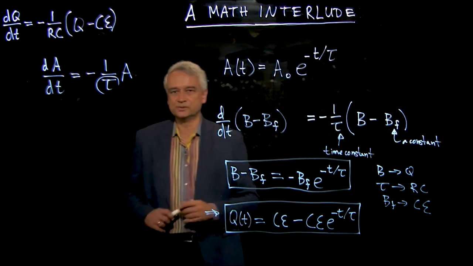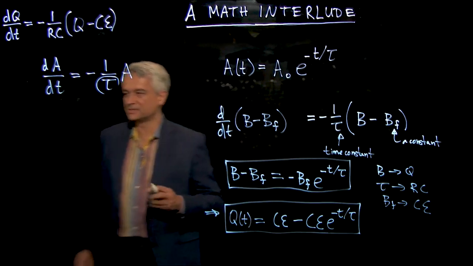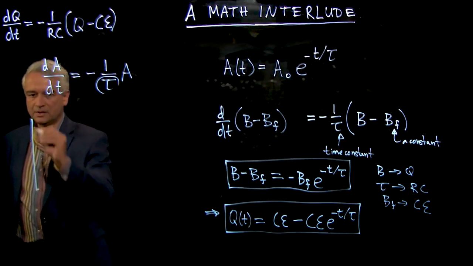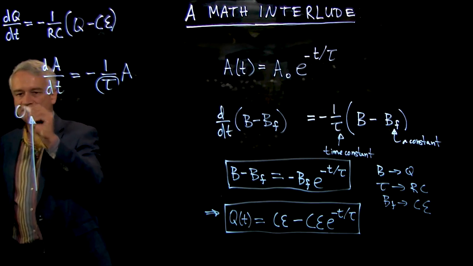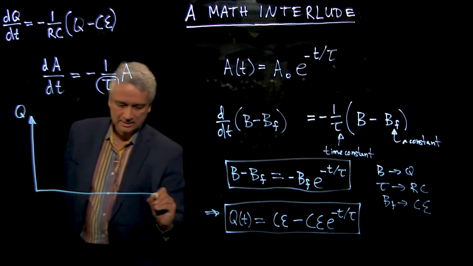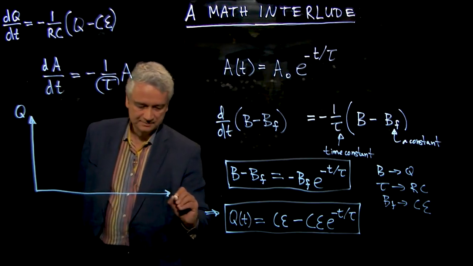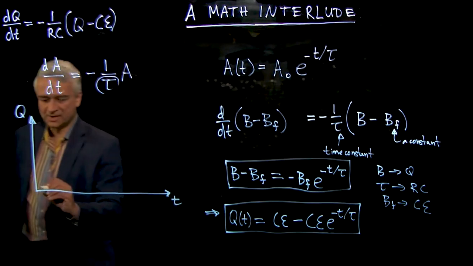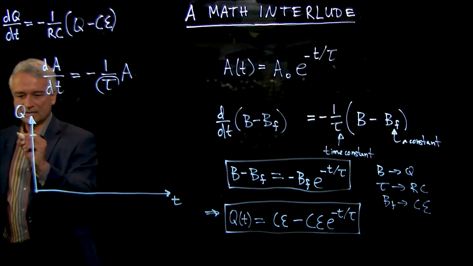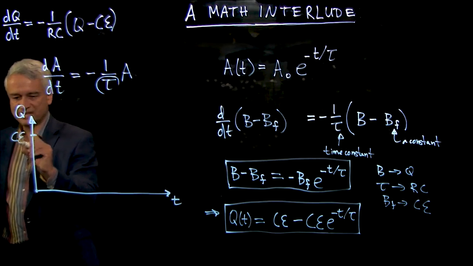So I want to sketch this solution. This is going to be a graph of Q as a function of time. Q is going to start at 0, and at late times it's going to rise towards the value C epsilon.